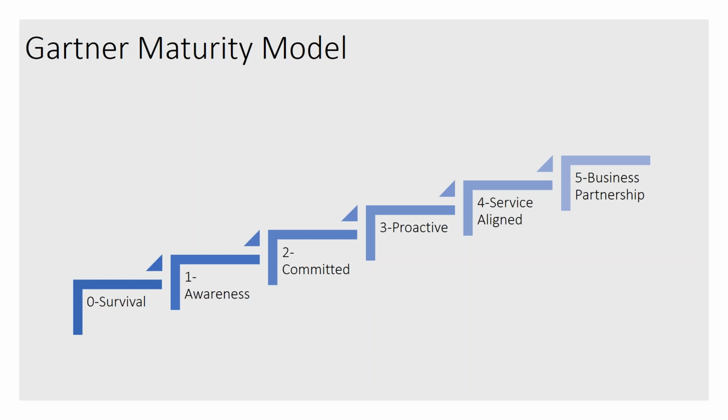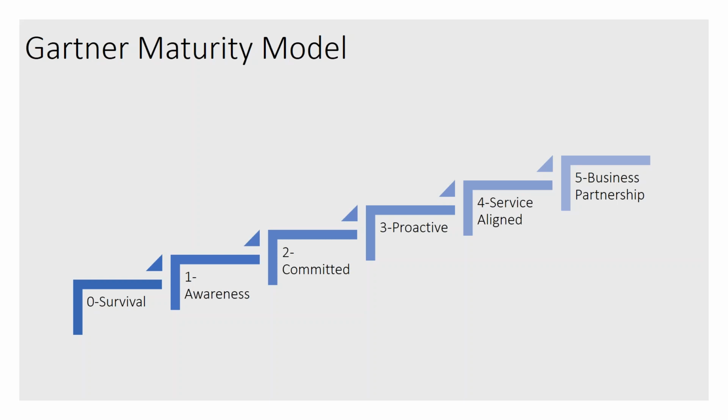Maturity level 1 is awareness, where there's some understanding that there's a problem, but there's really no committed effort to solving that problem. Maturity level 2 is where committed steps are being taken. The organization is committed to improving its IT maturity, but it hasn't yet put into place standard processes or practices. It may not have yet implemented an organizational structure that can effectively deliver IT services.